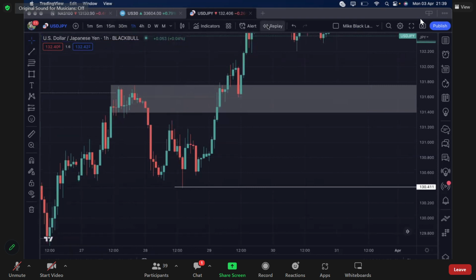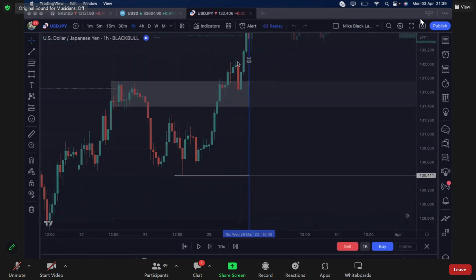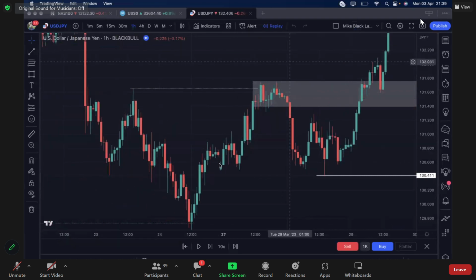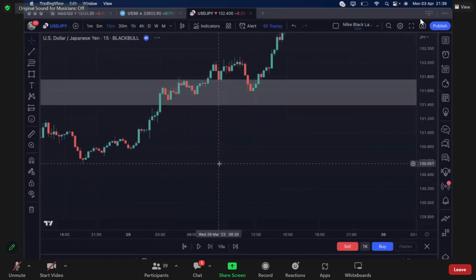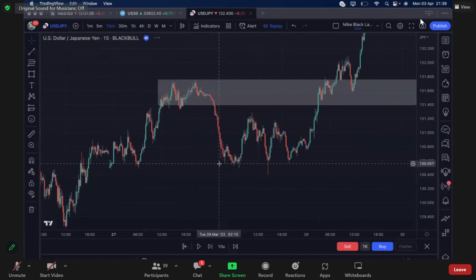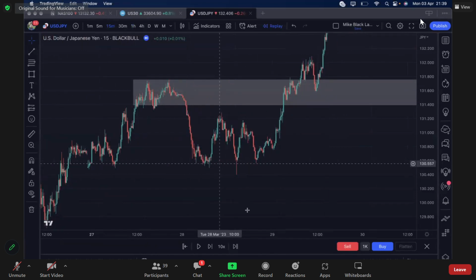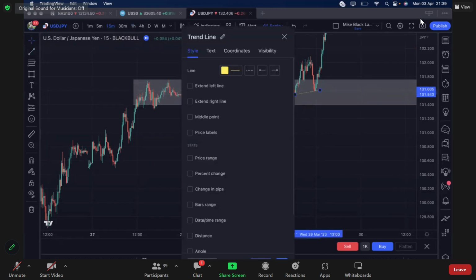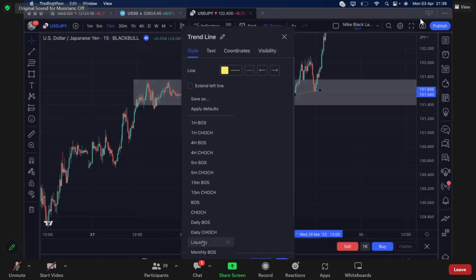Okay. Now I just rewind. I want to see what's happening here. Let's go down to 15 minutes. Not going to refine my breaker, but what I will do is search for other confluences. What is this?